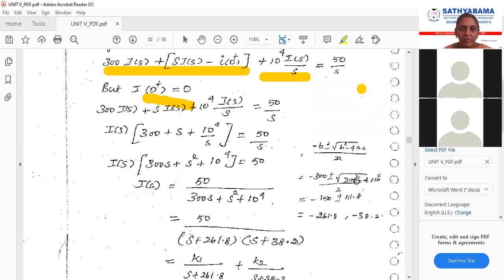This term will be cancelled, right? This term will be 0. So you will have 300 I of s plus s into I of s plus 10 power 4 I of s by s is equal to 50 by s. Or rearrange the terms: I of s into 300 plus s plus 10 power 4 by s is equal to 50 by s.